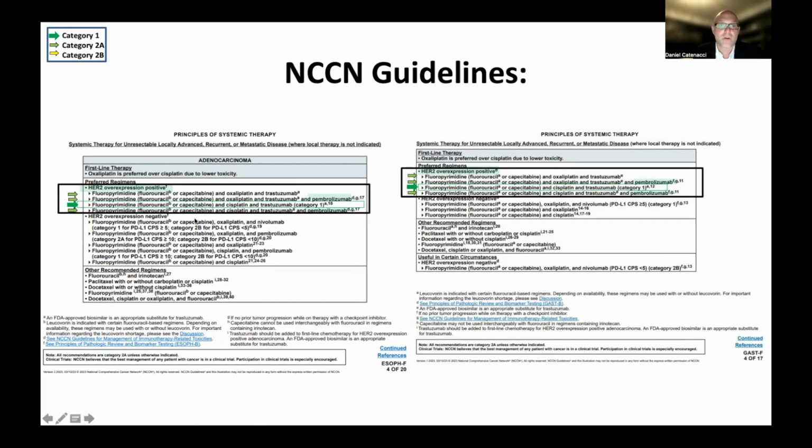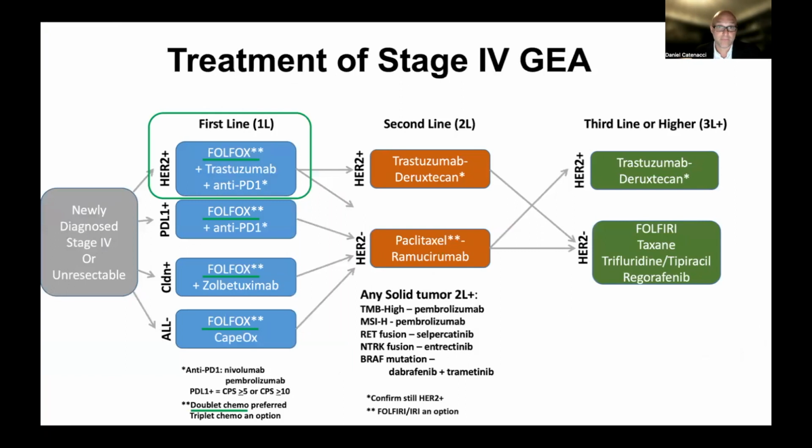One could do that even though it was not the regimen of the Keynote 811 study. So these are the options for gastroesophageal adenocarcinoma, the same. And this is, again, NCCN guidelines meet periodically to review new data and amend these as necessary.